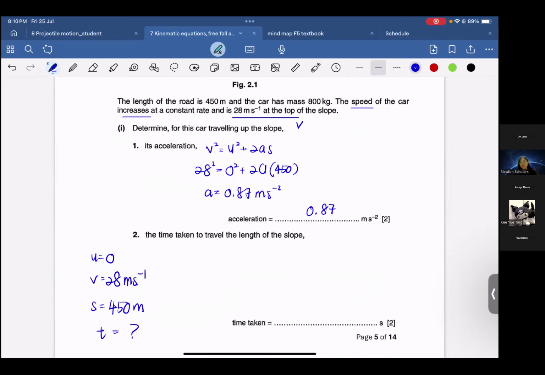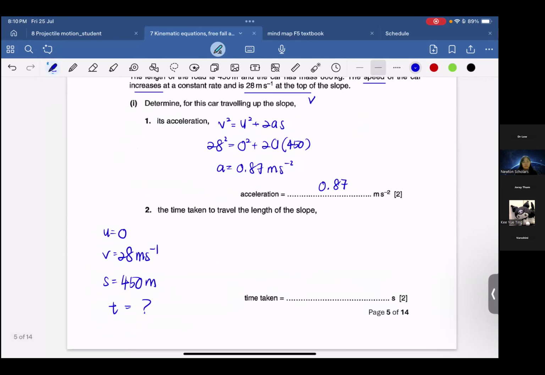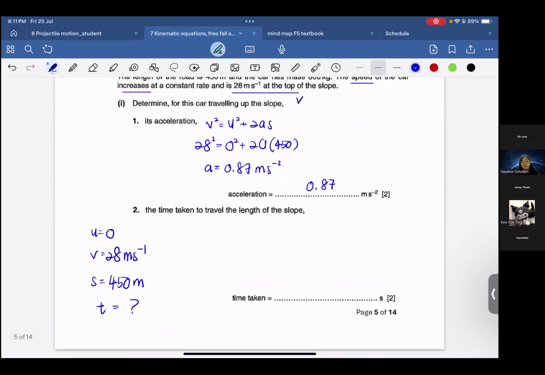So what is your answer for your time? List down the information that you get, and then try to find out what formula you can use. UVST. So we can use S equals UT plus 1 over 2 AT squared, this formula.